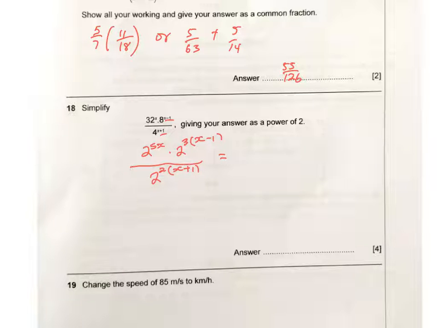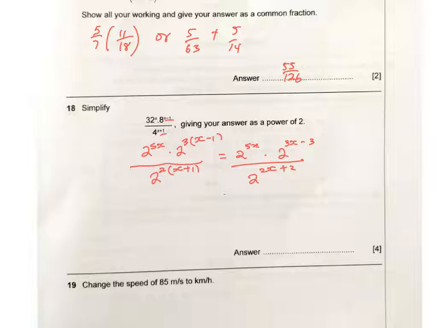Then from there, I will just expand this. I'll have 2 to the power 5x times 2 to the power, if I expand this, 3 times x, which is 3x, and 3 times -1 gives me -3, over 2 to the power, and if I expand this bracket, 2x plus 2. Now if I multiply the same base, we add the powers.